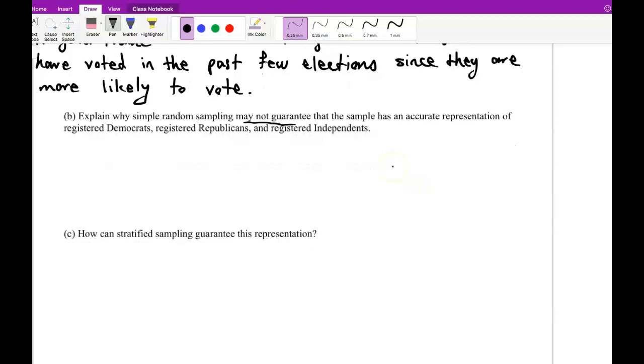The reason can be that each individual from the frame, or from our population, has the same chance of being selected, and there is a possibility of one group being under or overrepresented. That's why the simple random sampling may not guarantee.